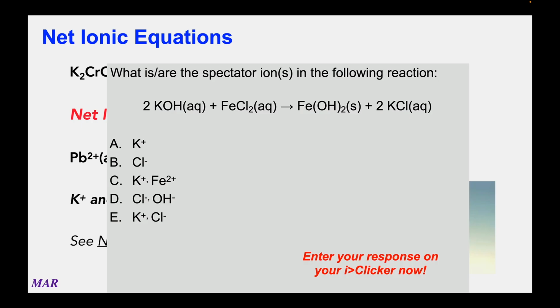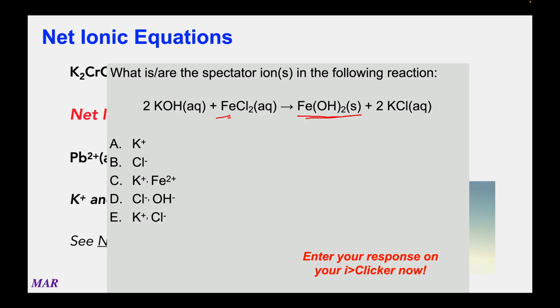Well, you could break it up into the ions, break up all the aqueous things and cancel what's left and stuff like that. Another way, though, to think about it, you don't want to eliminate anything that makes the solids, liquids, and gases. And iron 2 hydroxide is the only solid here. So anything that goes into that is going to be part of the net ionic reaction.